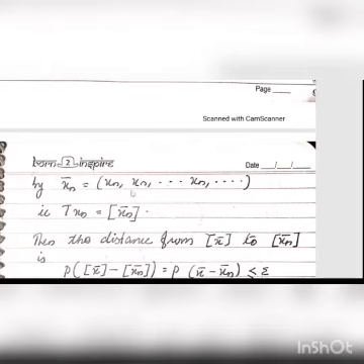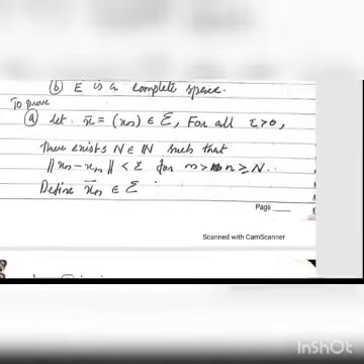Why? Since x_n bar means we are having x_n, x_n, x_n, etc. Now x bar means we are having this constant sequence x, x, x, etc. Right?